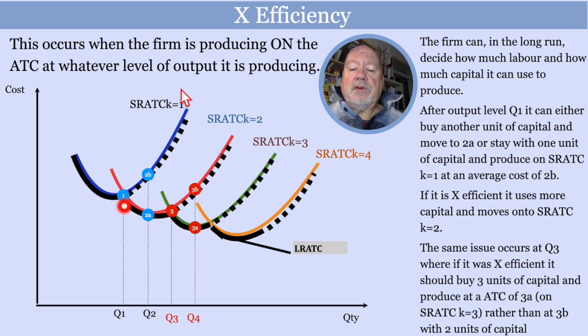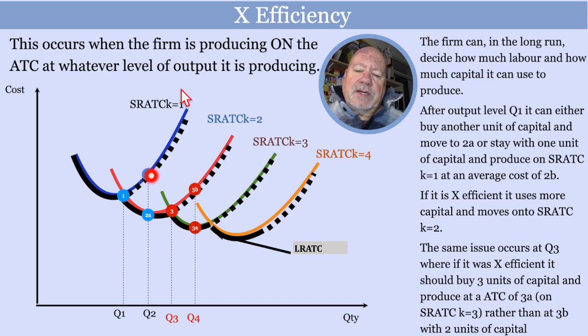And then at this point 1 here, quantity 1, let's say we want to produce more to go up to quantity 2. There's 2 options. We can either buy a second machine in the long run and move on to this short run average cost curve with 2 units of machines, or we could just add more and more variable factor and we move up the short run curve with only 1 unit of capital.